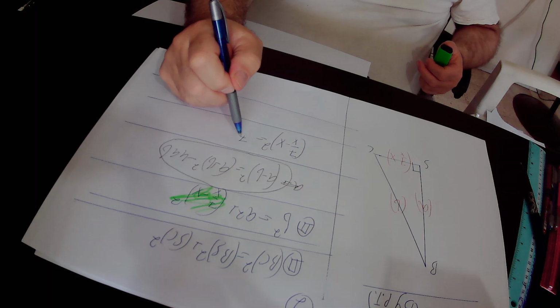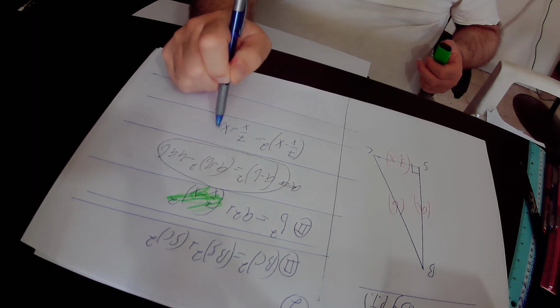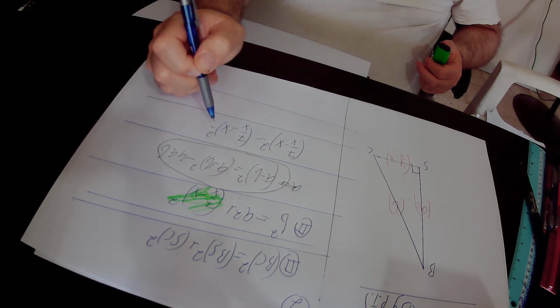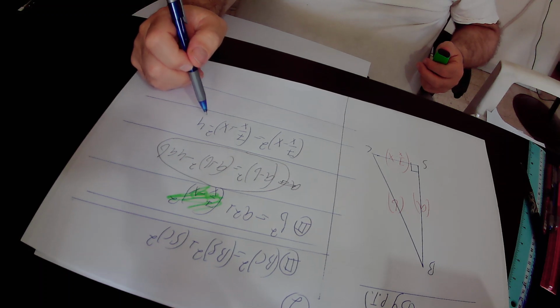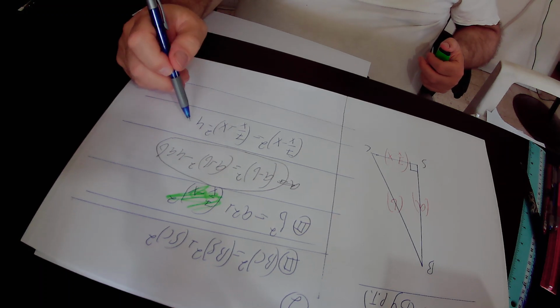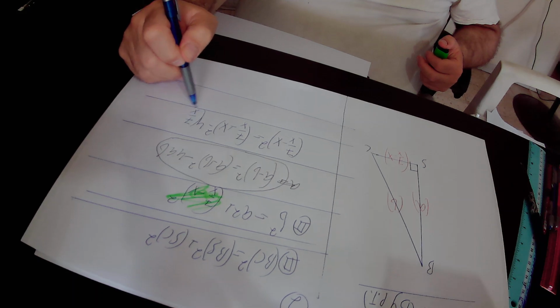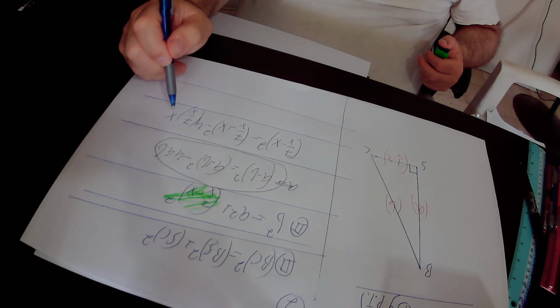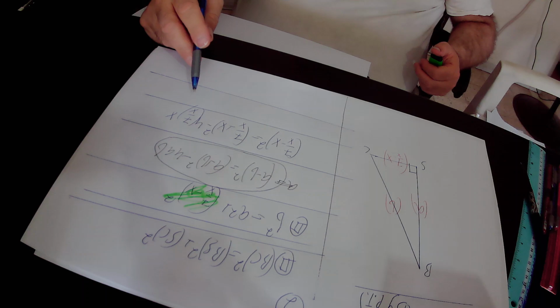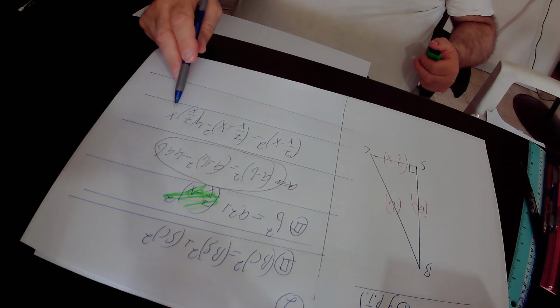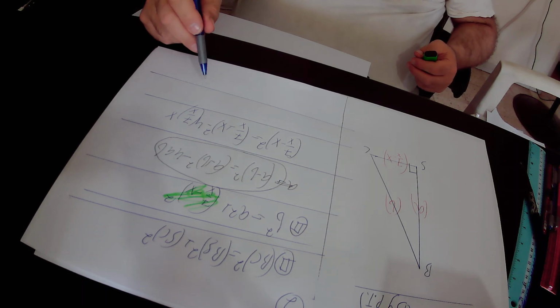equals 7 over X plus X squared minus 4 times A, which is 7 over X, times B, which is X. In this expression we have X in the numerator and X in the denominator, so X gets cancelled.